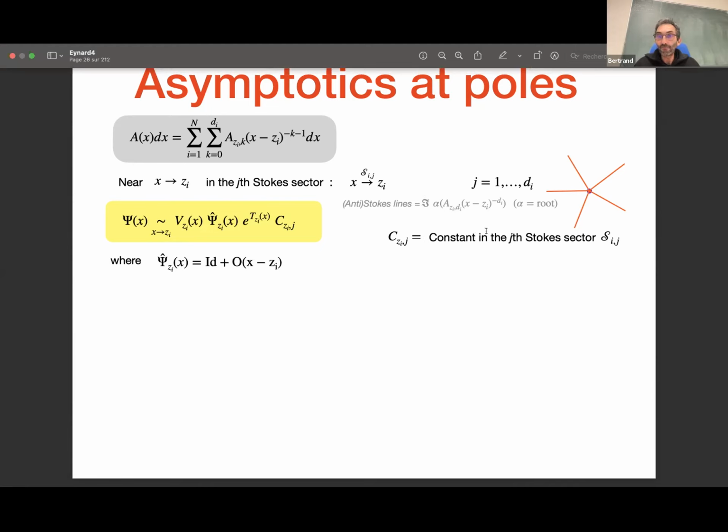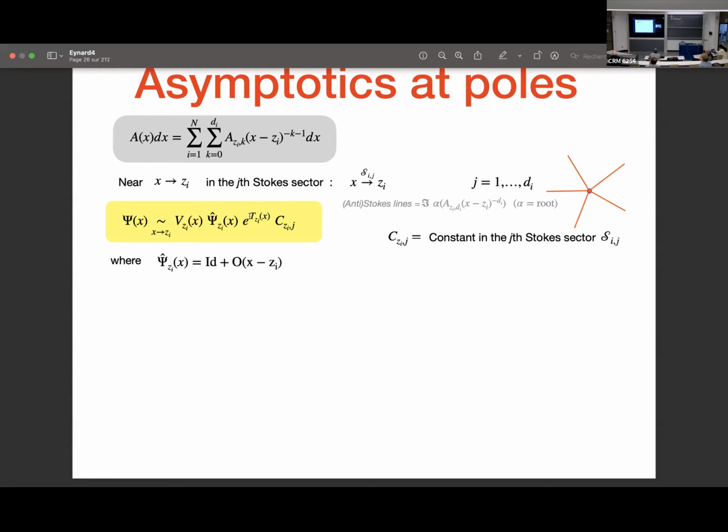The fact that this constant is different in the different sectors is precisely what was discovered by Stokes. It's really the Stokes phenomenon. It's strange that some psi, which is analytic, has an asymptotic behavior with some discontinuous quantities. But that's the Stokes phenomenon.